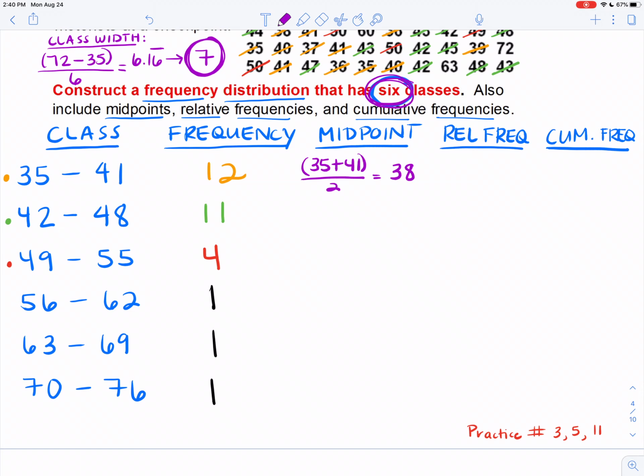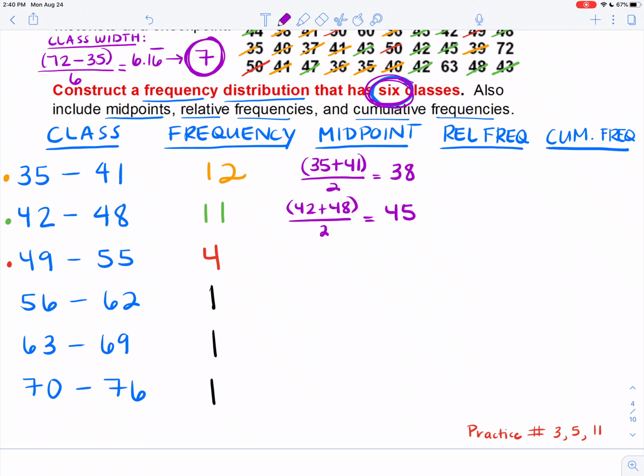And I can do that same thing for each class. For 42 to 48, if I add those limits together, that's 90. Divide by 2, and I get my second midpoint, the central value, at 45. Now, you can continue using this formula, or you can notice that the difference between the midpoints is 7 again. That class width is going to follow you through. Anytime you're looking from one class to the next, it should show you that class width.